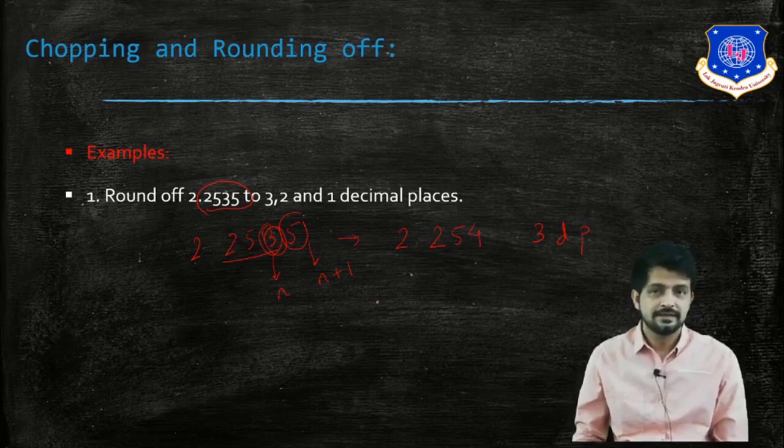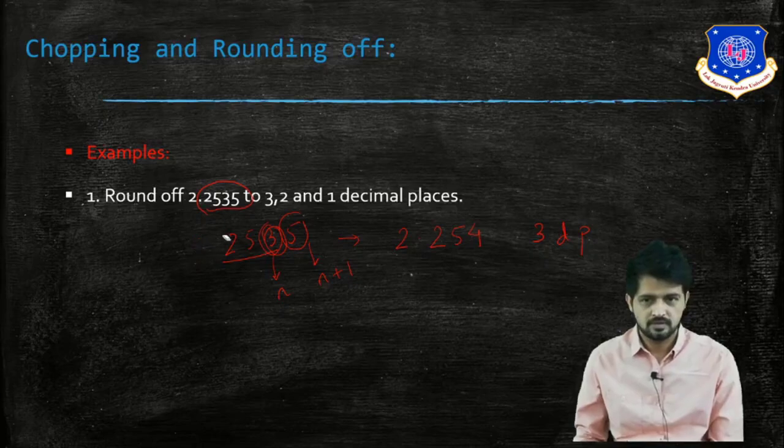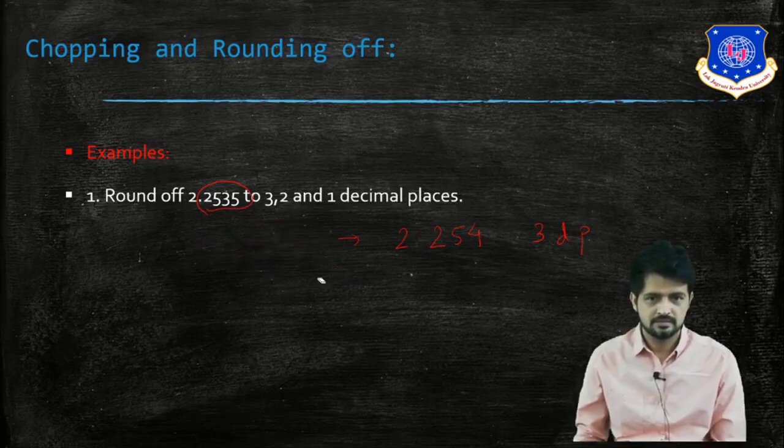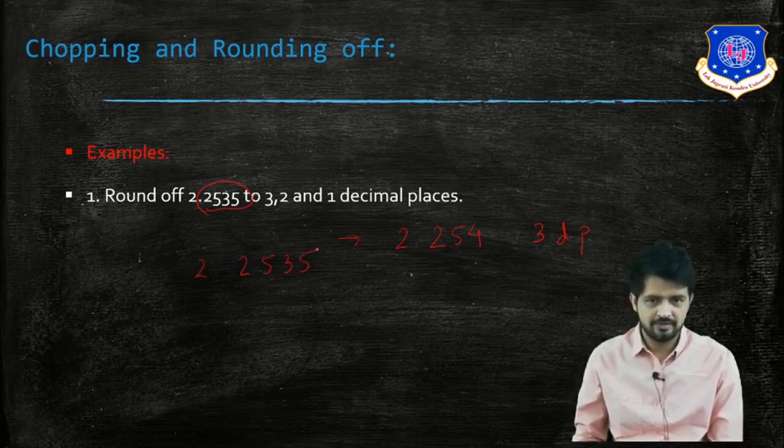Similarly, I have to round off this number to 2 decimal places. How can I do that? I am writing the number again, 2.2535. 2 decimal places means we have to write up to 2 decimal places after the decimal point.